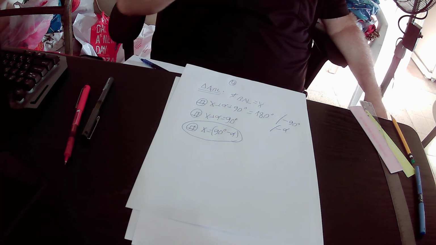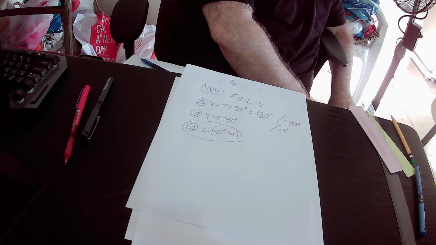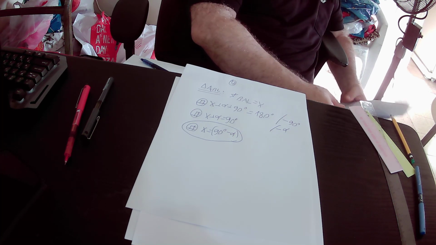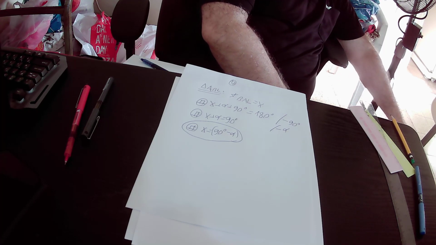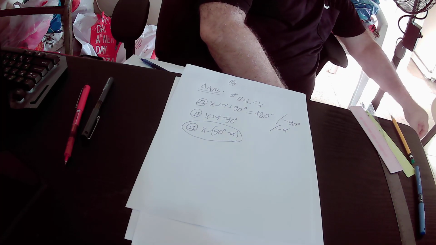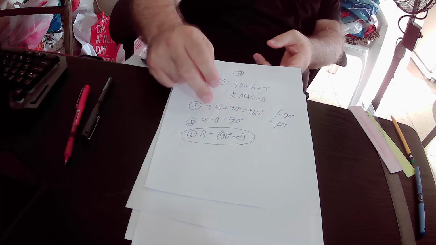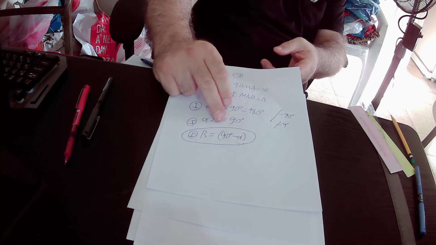So equation number 2 states that x equals 90 degrees minus alpha. But equation number 1 states that beta also equals 90 degrees minus alpha.